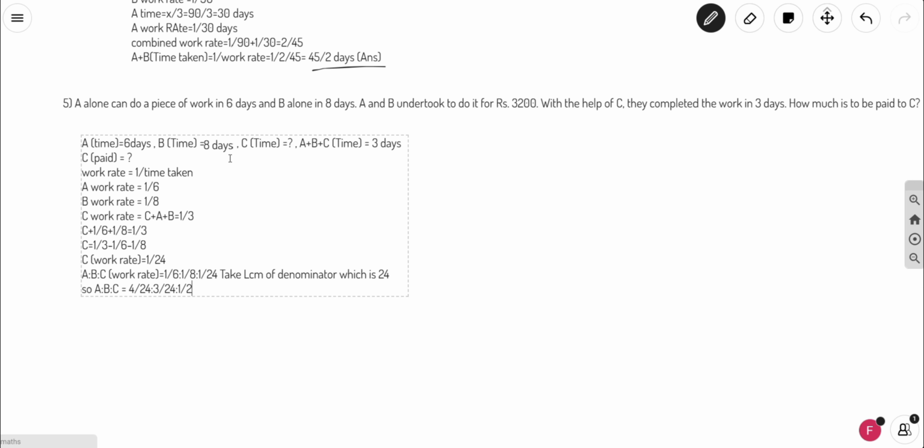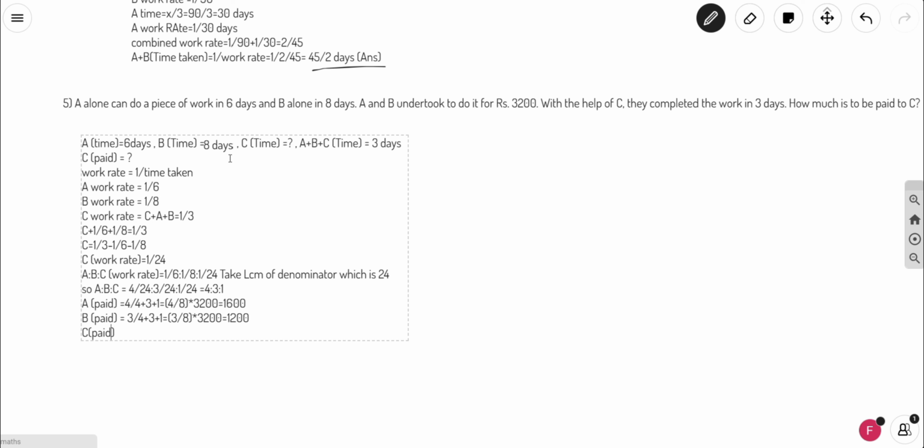A's pay is 4 upon 4 plus 3 plus 1, which is 4 upon 8 into 3,200, so A is paid 1,600. B's pay is 3 upon 8 into 3,200, so B is paid 1,200. We can find A's and B's pay, but the question asks how much is paid to C.